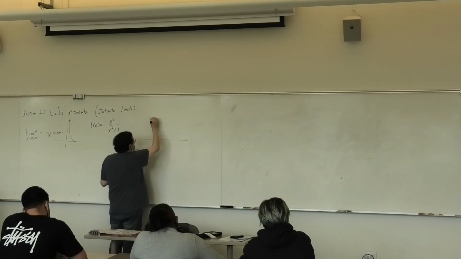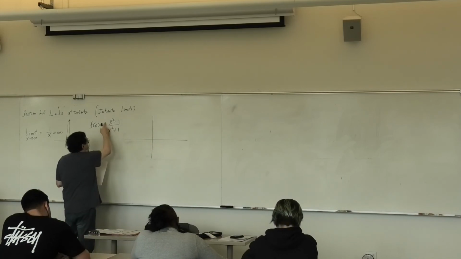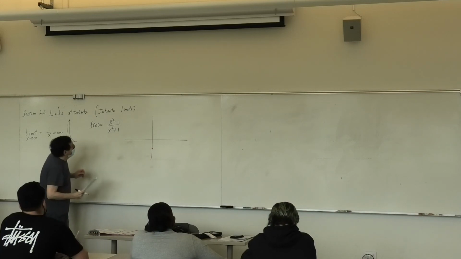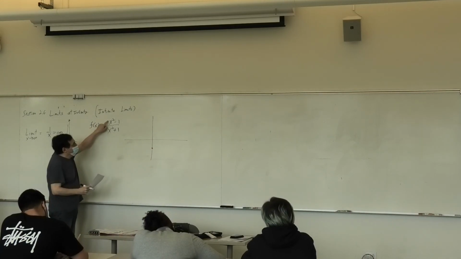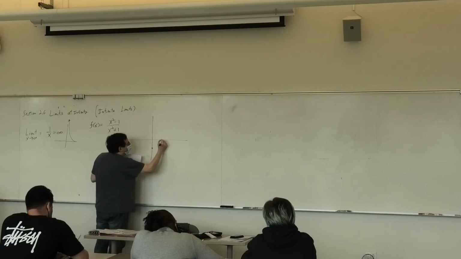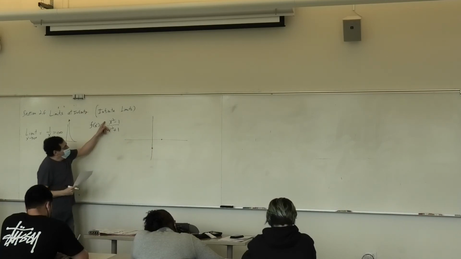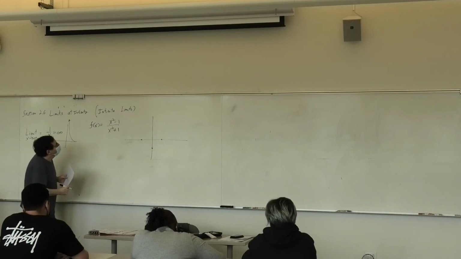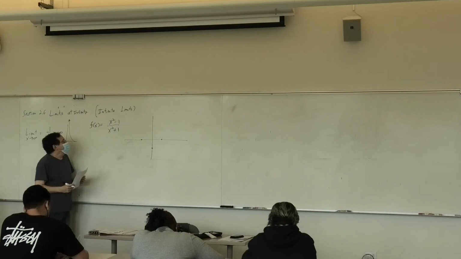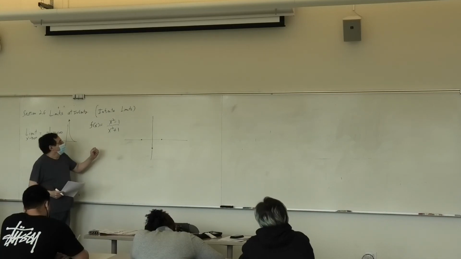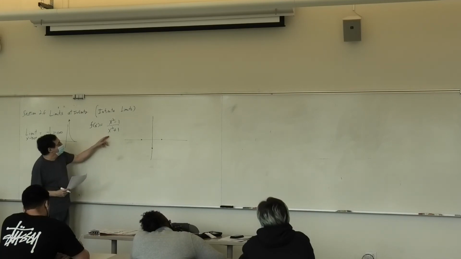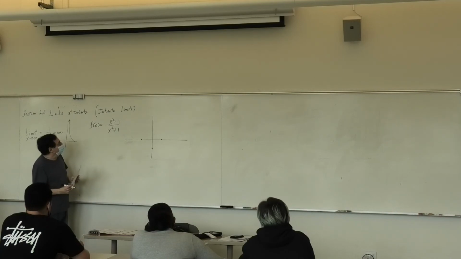At 0, this is minus 1. At 1, it reaches 0, and also at minus 1, it reaches 0. And now we know it's continuous, because it's a rational function. It's continuous on its domain, which is all real numbers.